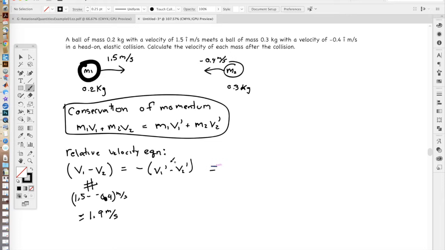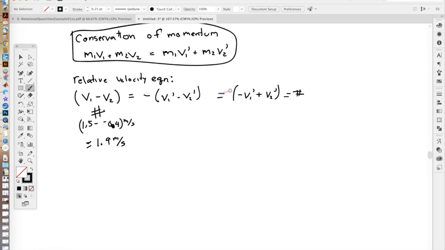I'm going to expand the right half of here. So this is minus v1 prime plus v2 prime. I'm going to bring the minus sign inside, and that makes it plus v2 prime. Minus v1 prime plus v2 prime is equal to just a number, which is 1.9. Let me go ahead and scoot this up a little bit.